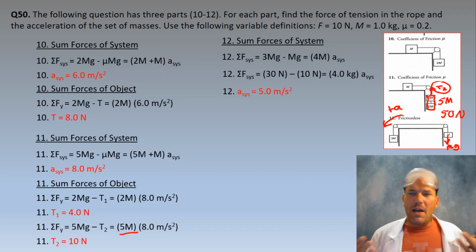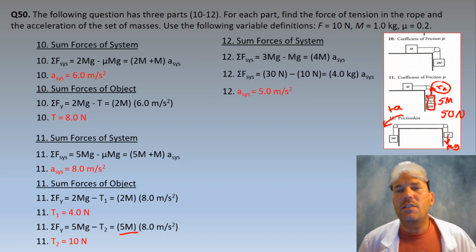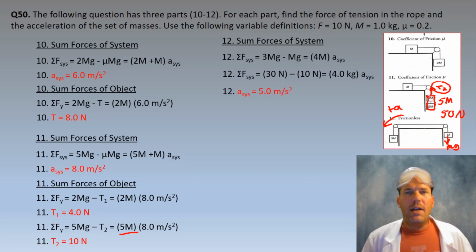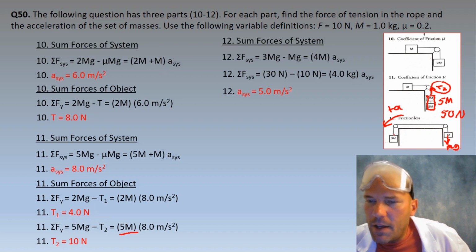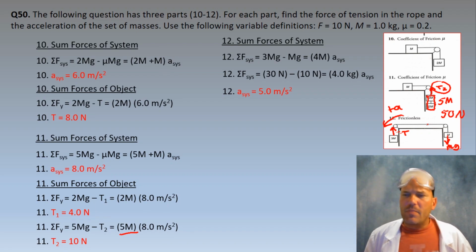So 30 newtons minus the 10 newtons, dividing that quantity by the mass of the system gives us positive 5.0 meters per second squared. So now let's go in and find the tension force here, which is going to be the same for both.